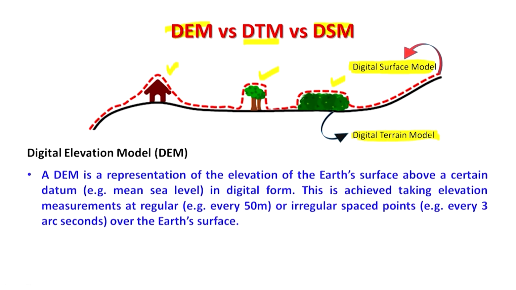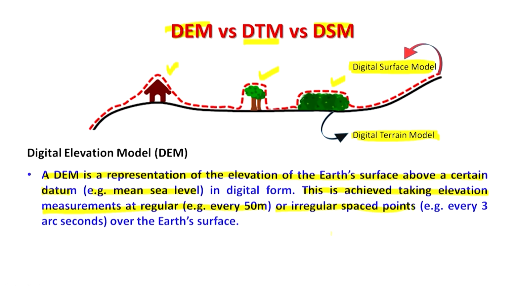Now, there will again be a difference between elevation and terrain model. So, let us go into that part also. A DEM is a representation of the elevation of the earth's surface above a certain datum, and generally our datum is mean sea level, in digital form. This is achieved by taking elevation measurements at regular, say every 50 meters, or irregularly spaced points, for every 3 arc seconds above the earth's surface.